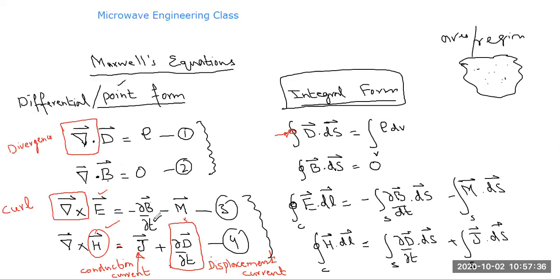You can clearly see the derivative of B and the derivative of D. These two equations will be valid irrespective of how B is changing with time or how D is changing with time. It doesn't matter. But most of the time, we will be dealing with situations where these quantities change sinusoidally with time.